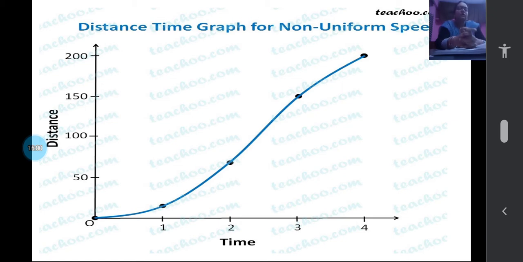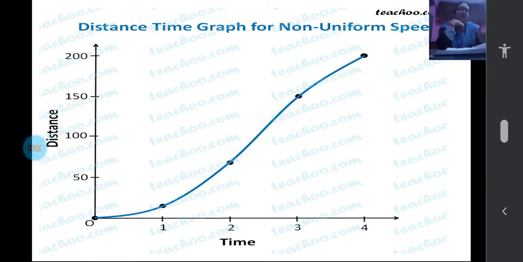Even you can see here what is taken on the x-axis: 1, 2, 3, maybe seconds or minutes you can write, and on the y-axis 50, 100, 150, 200 in meters you can write. When you are calculating after 2 minutes, you can see what the speed is. After 3 minutes, what is the speed. After 4 minutes, what is the speed. You will see that the object has variable speed.